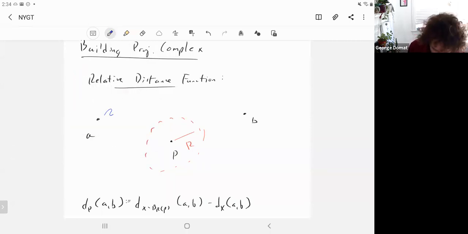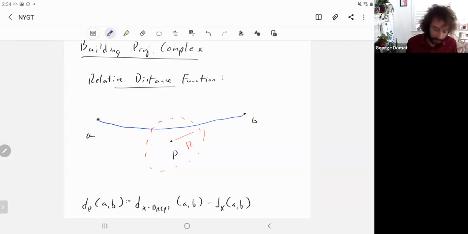So we're going to look at, okay, this is maybe the distance between A and B in X originally. And then this kind of gives the distance between A and B in our new space X minus the ball. So this kind of distance here is roughly this d_P(A,B). It's this penalty you get for not being able to go near P.